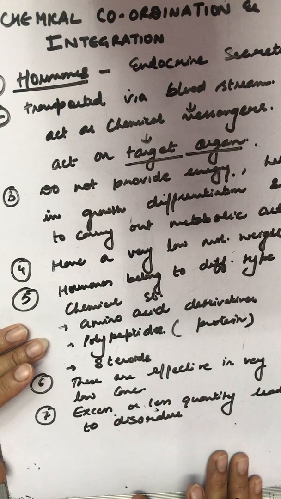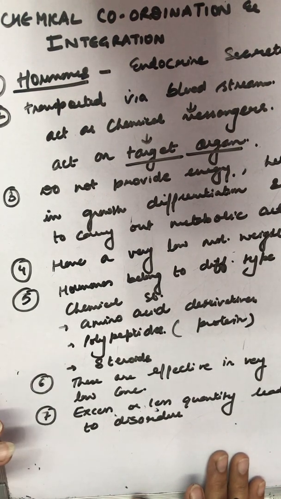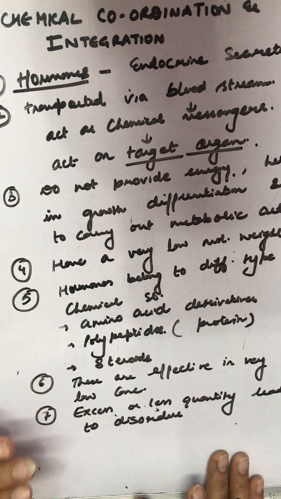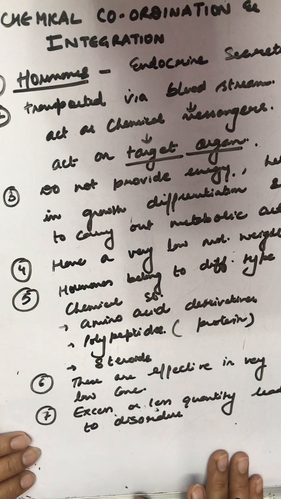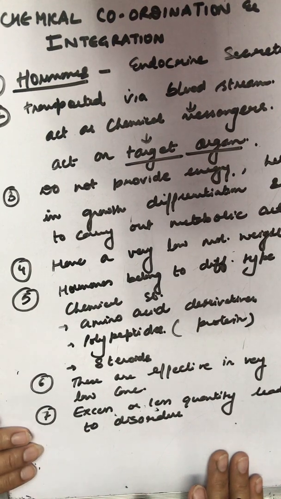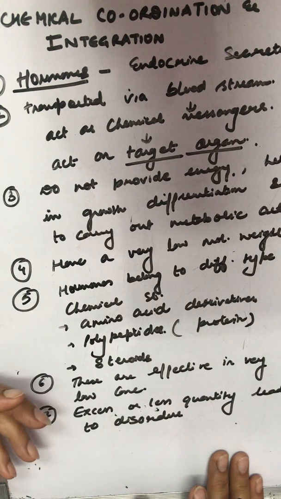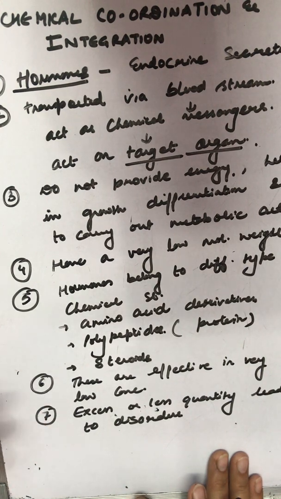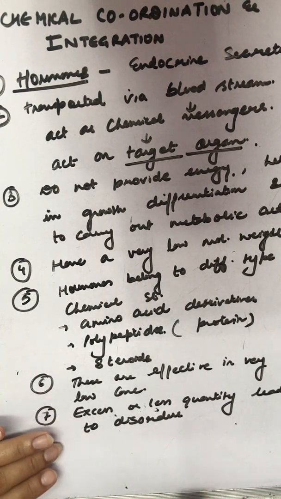And next is very important, they may accelerate or inhibit specific physiological processes. Many of them are produced in inactive form, prohormone, and then this further becomes active, and this accelerates or inhibits specific physiological processes.